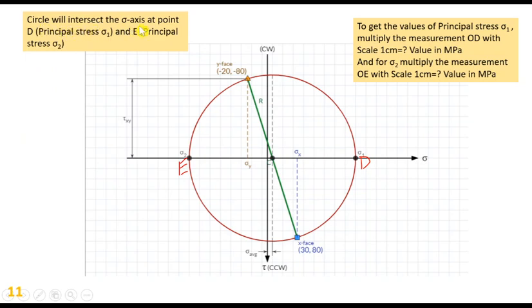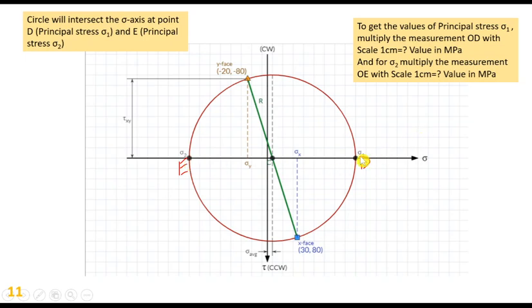The circle will intersect the sigma axis at 2 points. This is intersecting the sigma axis at 2 points. One is D, where the value of principal stress will be sigma 1, and E, that will be sigma 2.